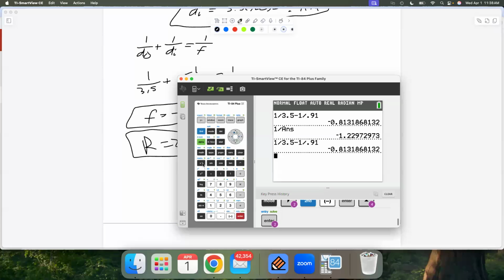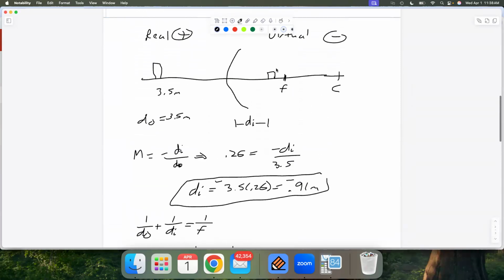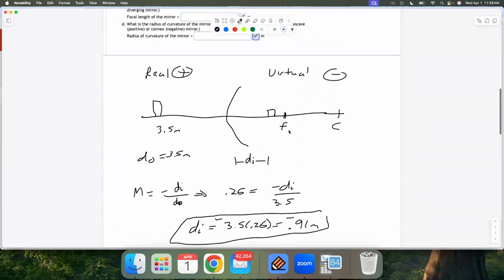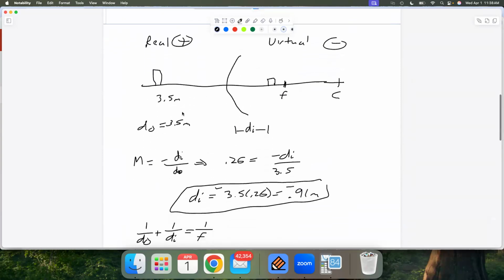I've got this button right here that will take the reciprocal of a fraction. So there's F. Notice F is negative. My focal length is negative for convex mirrors. For concave mirrors, you get a positive focal length.